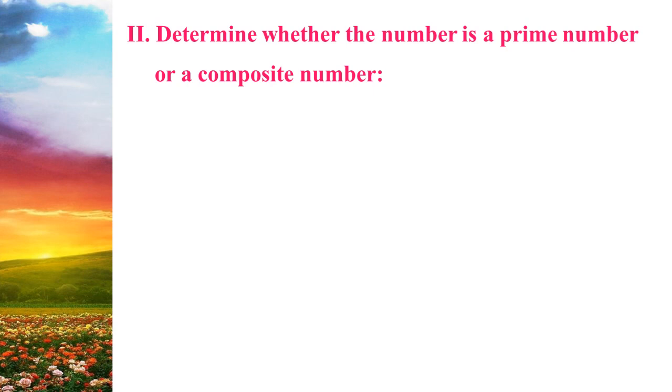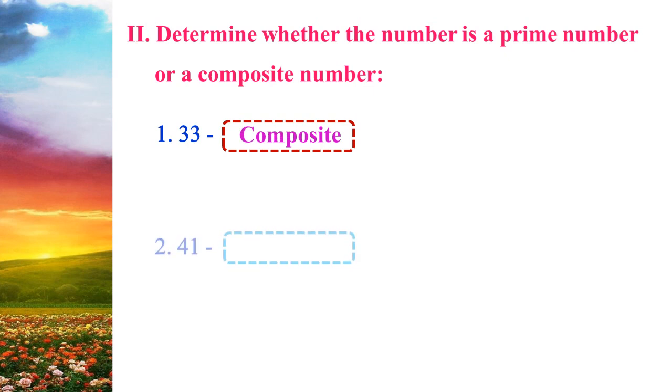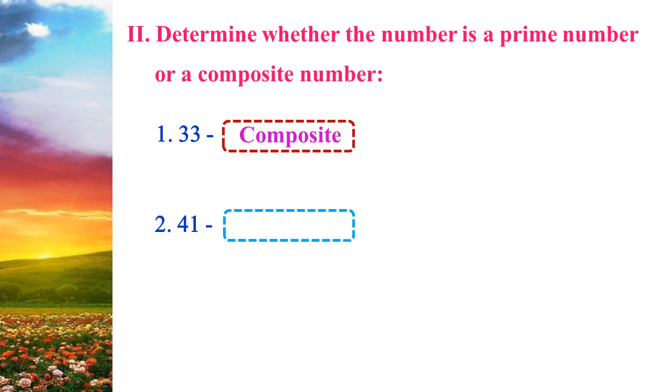Let's see second Roman. Determine whether the number is a prime number or a composite number. Here are given some numbers, we have to check whether they are prime or composite numbers. The first number is 33. 33 is a composite number. Second one 41. 41 is a prime number.